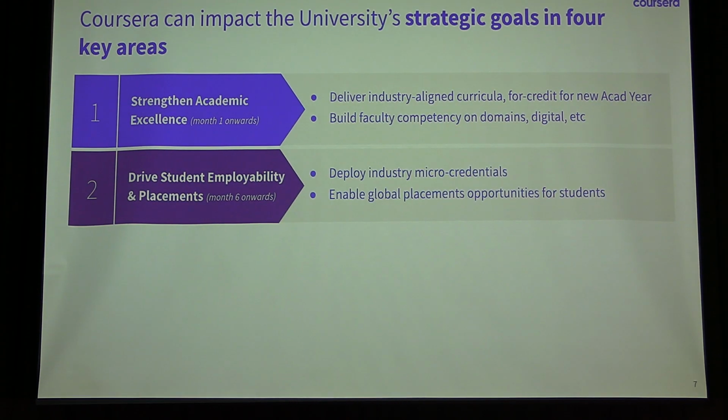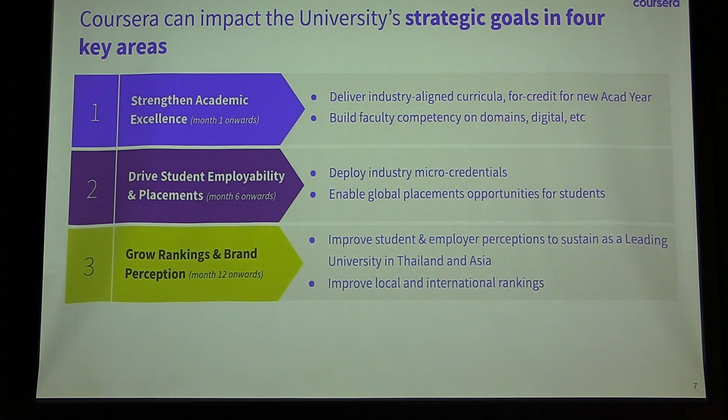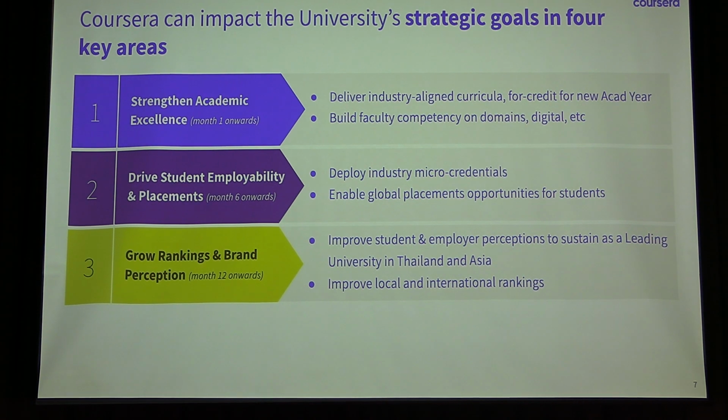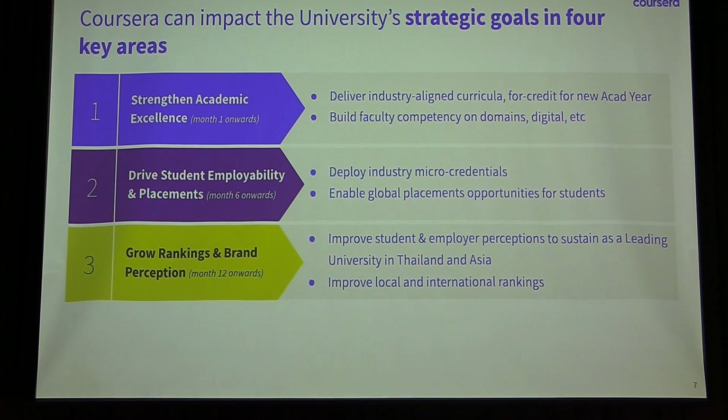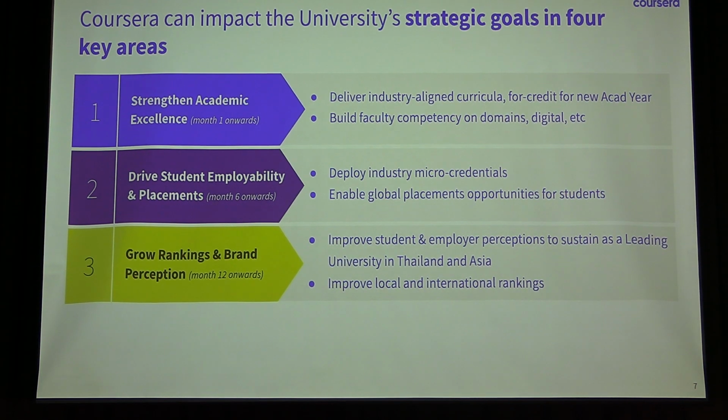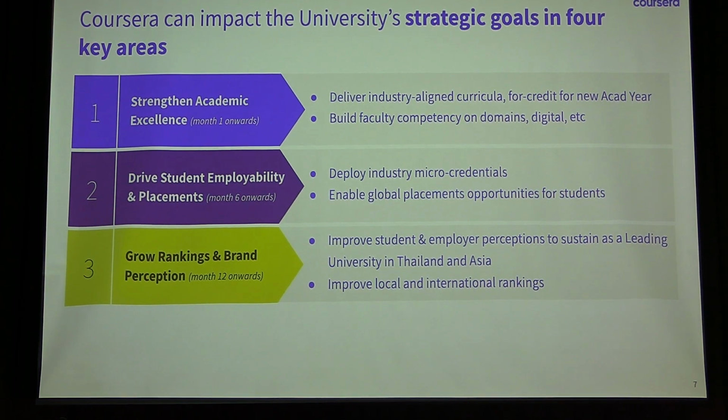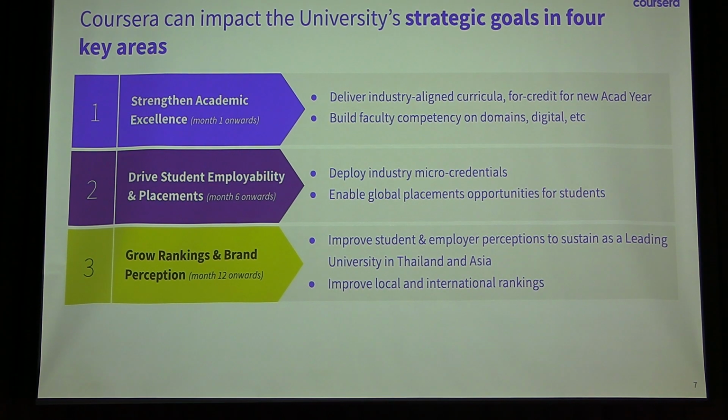The second thing, again, every student who comes into universities is looking for employability. How do we drive industry micro credentials and create placement opportunities for students, right? The third thing we think is important. If we do the first two things well, we think we can help from a brand perception and a rankings perception for universities. I'm presuming it is important for even KMUTT, for local rankings, and to be seen as, you're already a top ranked school, engineering school, for example.